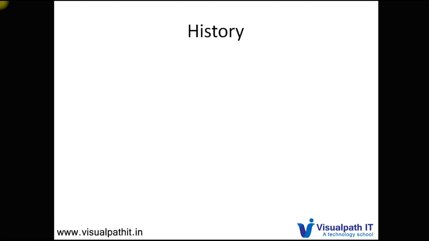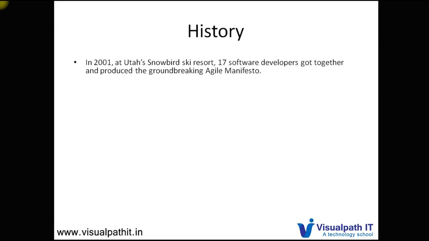Now, it is very interesting how Agile came into the picture in the software industry. In 2001 in the US, at the Snowbird ski resort in Utah, 17 software developers got together to come up with the Agile manifesto.